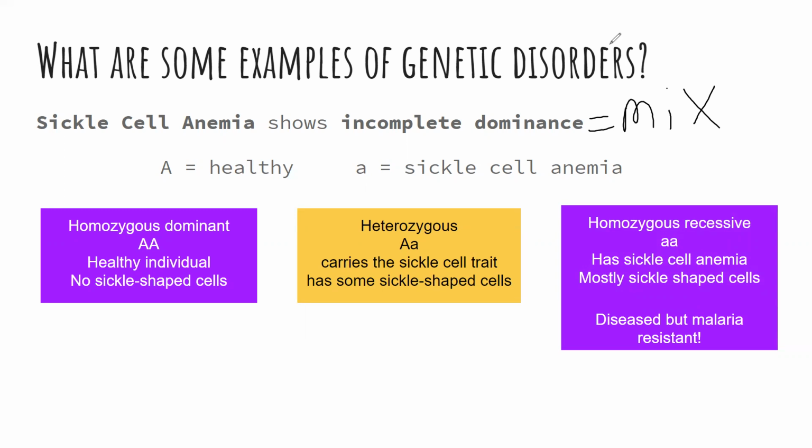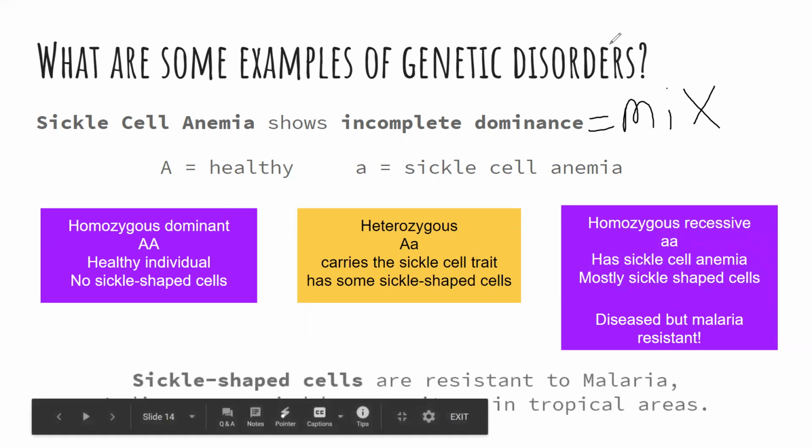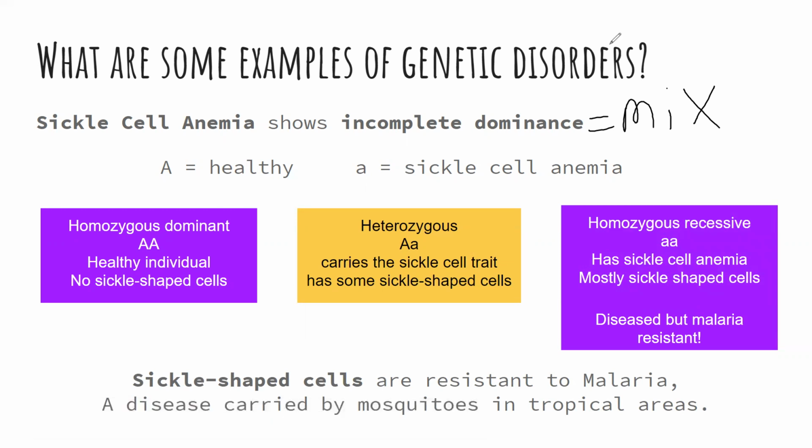They're diseased. But look at this. Sickle cell, even though it sucks, may not all be bad. So sickle-shaped cells are resistant to malaria. Okay, so malaria is a disease that's carried by mosquitoes in tropical areas, specifically and mainly in Africa.